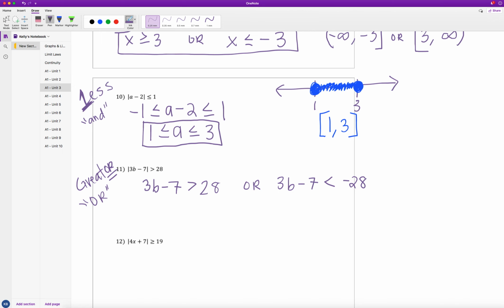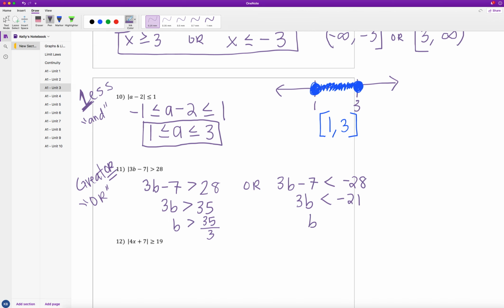Now we can solve each one of these. So I'll start with the first one. We're going to add 7, so I get 3b is greater than 35. Divide through by 3, I get b is greater than 35 over 3. For the other statement, I'm going to add 7 and get 3b is less than negative 21.